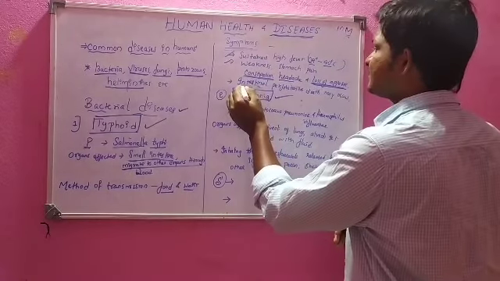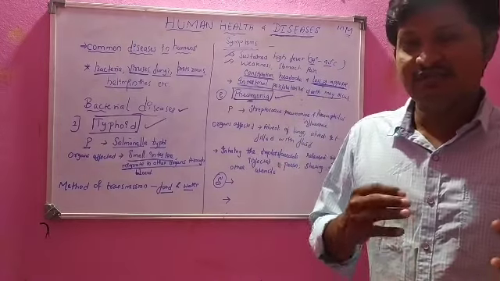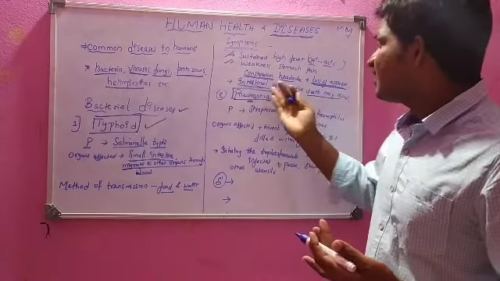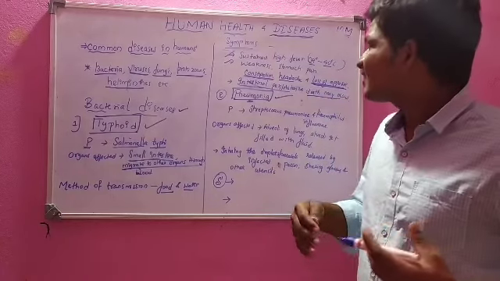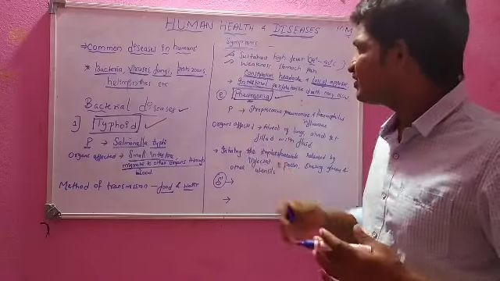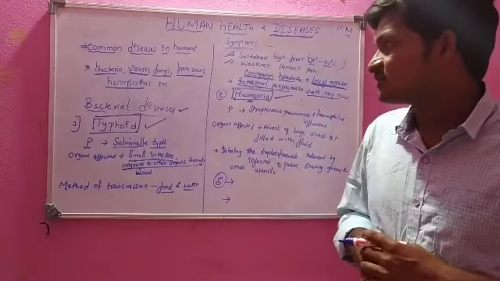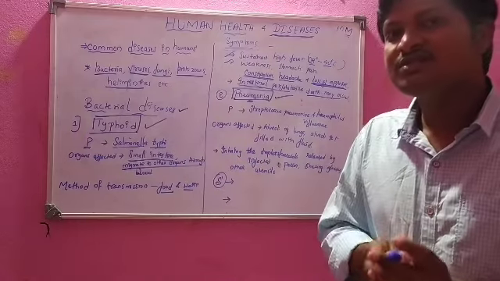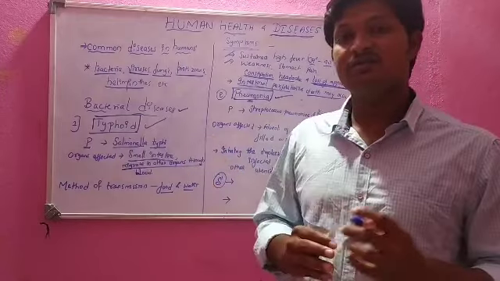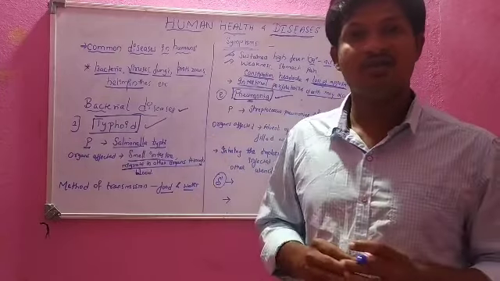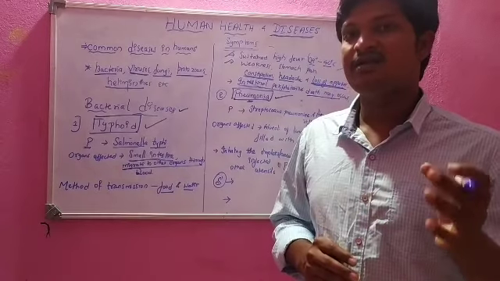Next, intestinal perforation and death may occur. In severe conditions death may occur. Intestinal perforation means we feel very high stomach pain. And to test for typhoid, the test usually done in hospitals is the Widal test.